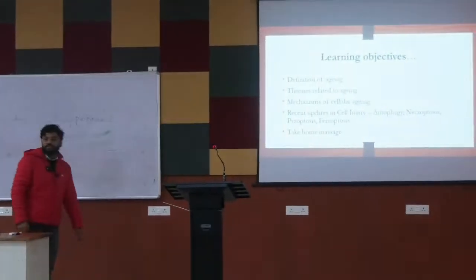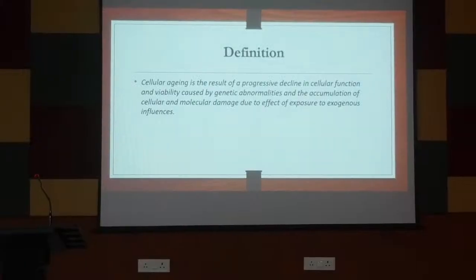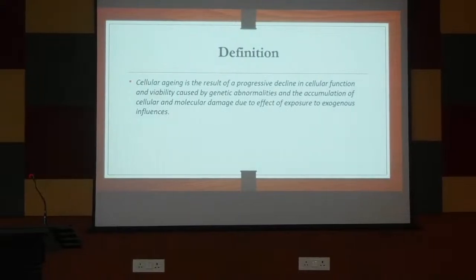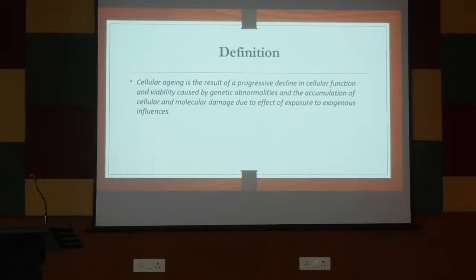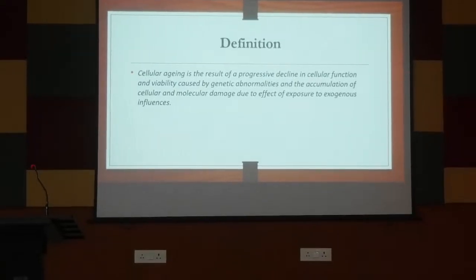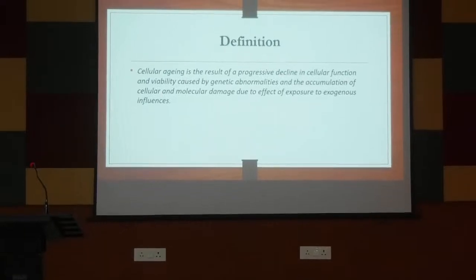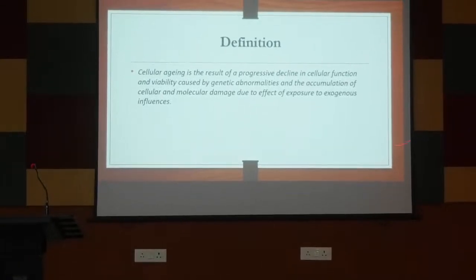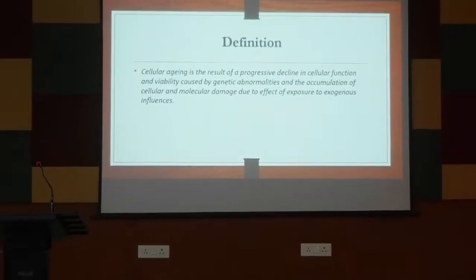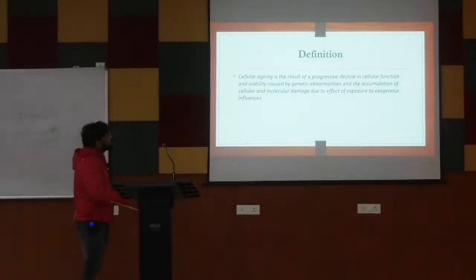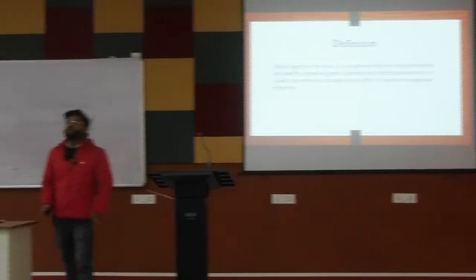Aging is caused by genetic abnormality and accumulation of cellular and molecular damage due to the effect of exposure to external or exogenous influences. What are we getting? Such a big definition, which I gave directly from the problem. There are some key features of the definition. Progressive decline. It's not a sudden decline.